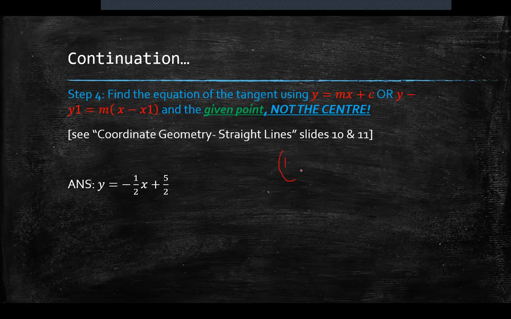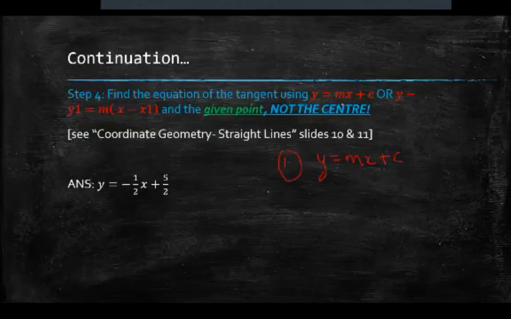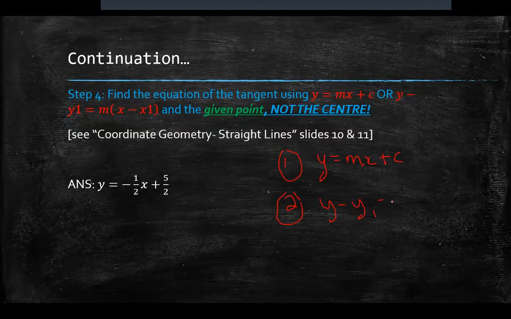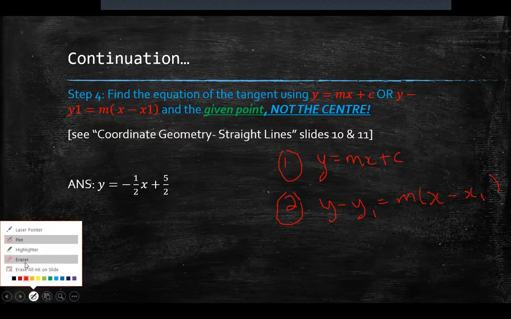We could use the first method, y is equal to mx plus c, or we could use the second method, y minus y1 is equal to m times x minus x1. That's a formula you need to know. When we were doing that topic, most of the class preferred the second method, but don't worry, I'll do both of them.